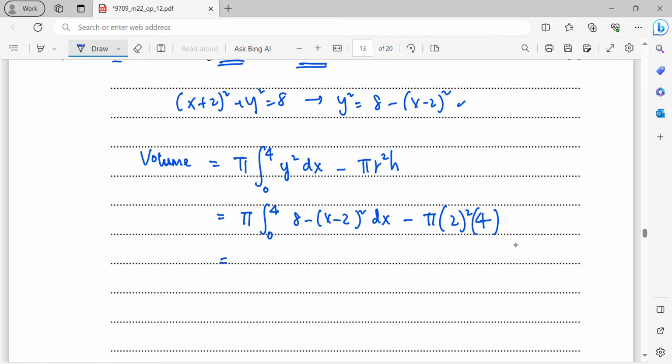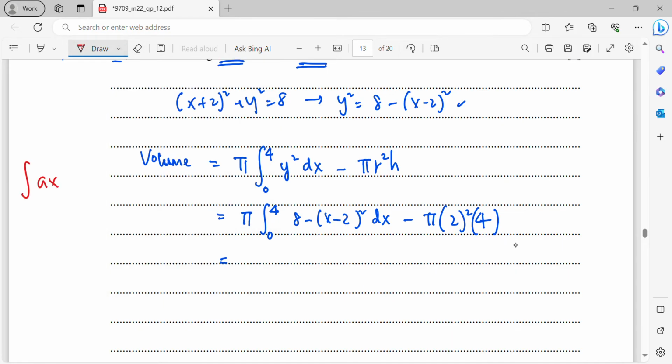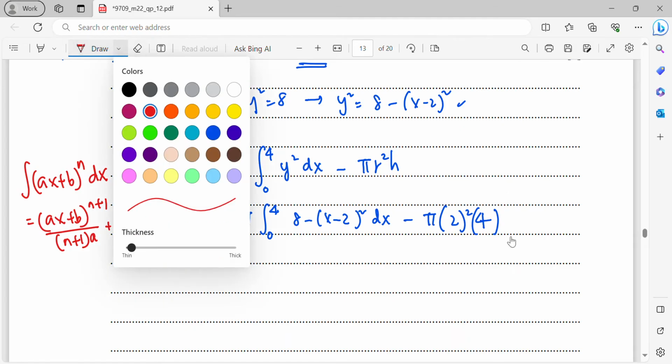Then now I will just do the integration. I will be using this formula: the integral of (ax plus b) to the power n dx equals (ax plus b) to the power n plus 1, over n plus 1, and then differentiate ax plus b, which is a, together with plus c. Here we do not need plus c because we have limits.